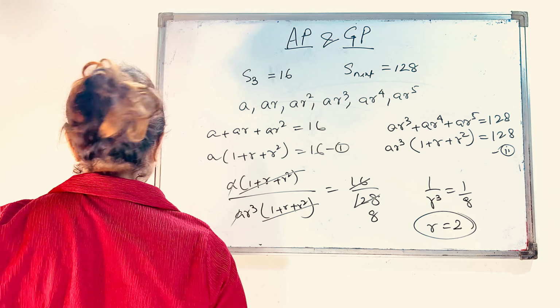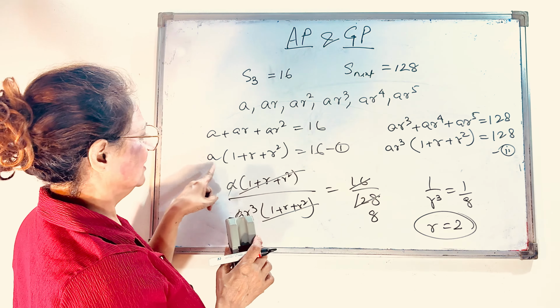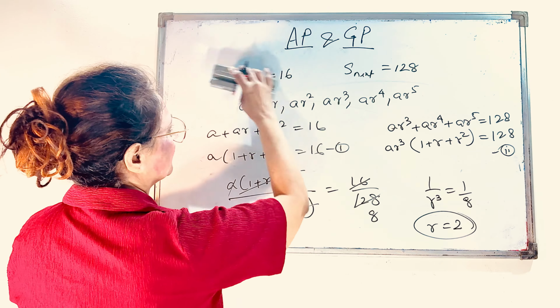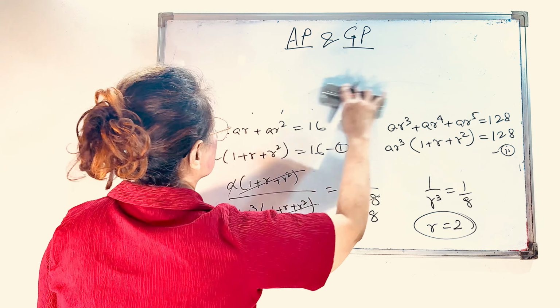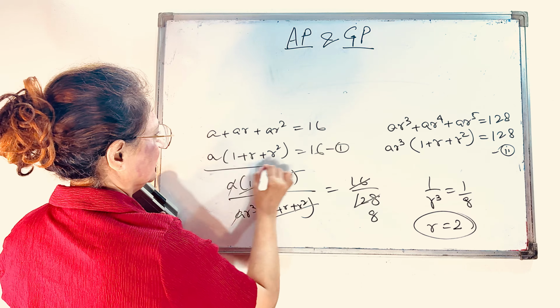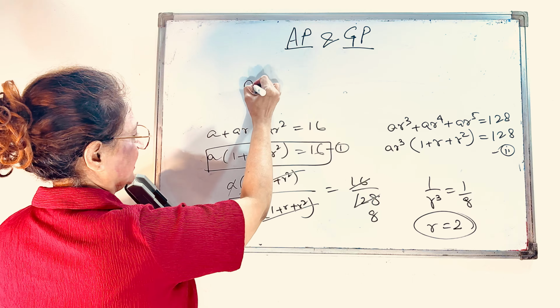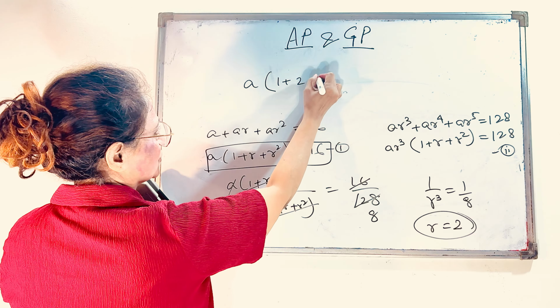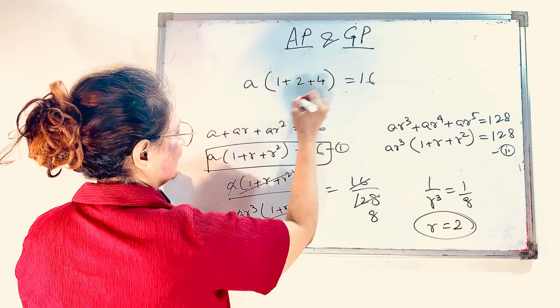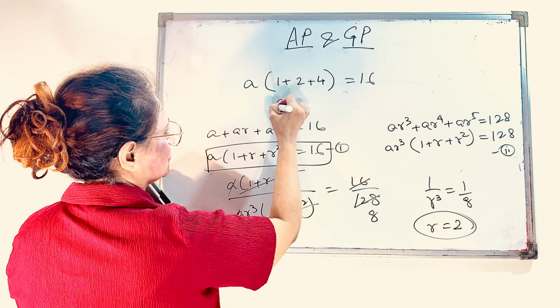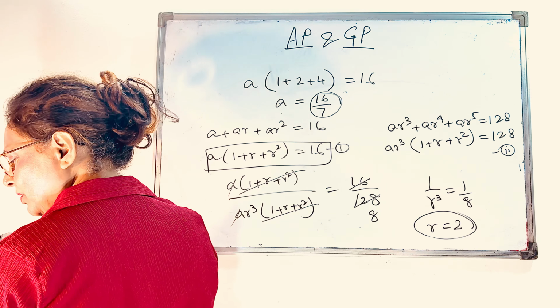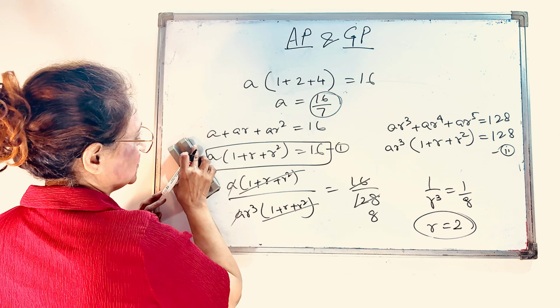Now to find a, we can use this. A will be how much? A from here, a into 1 plus 2 plus 4 is 16. So a is 16 over 7, right? R is 2, a is this. After that, find the sum of n terms is asked.